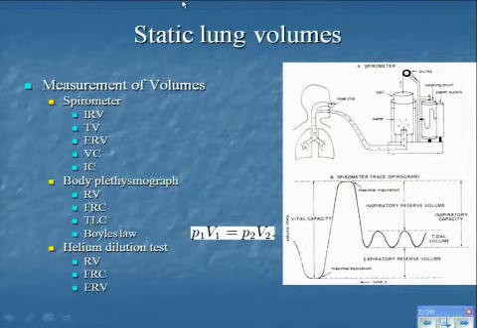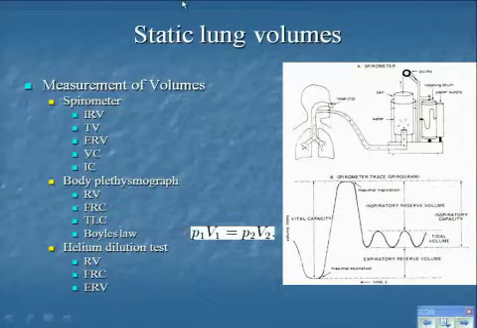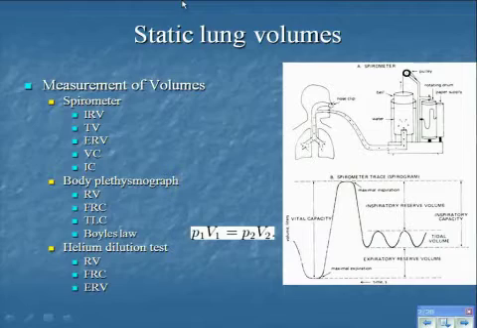So if you have a collapsed portion of the lung that's behind a collapsed bronchus, then with a helium dilution test you will not pick it up. You can pick it up with the body plethysmogram, but not with a helium dilution test. So that's a significant limitation.